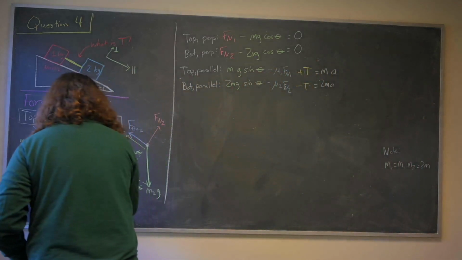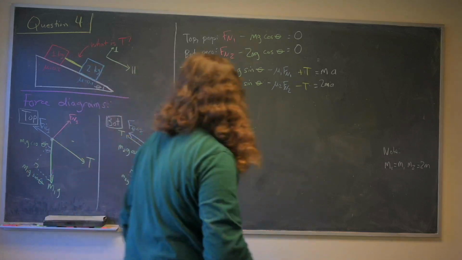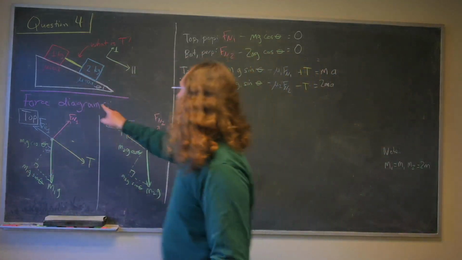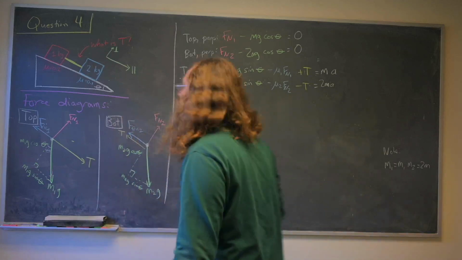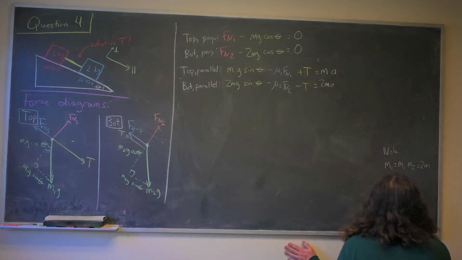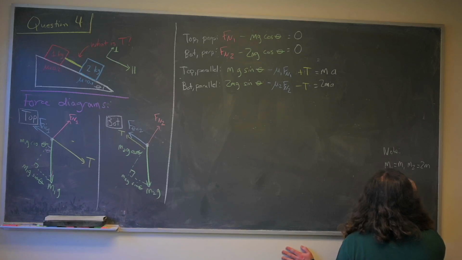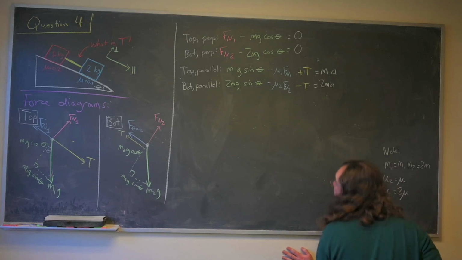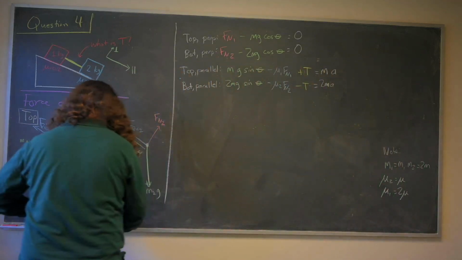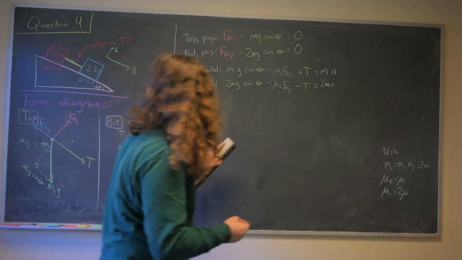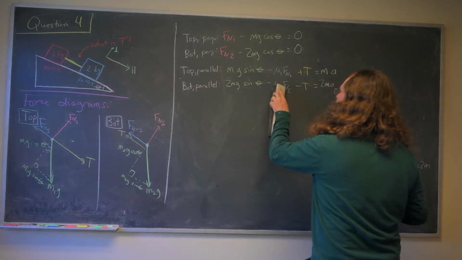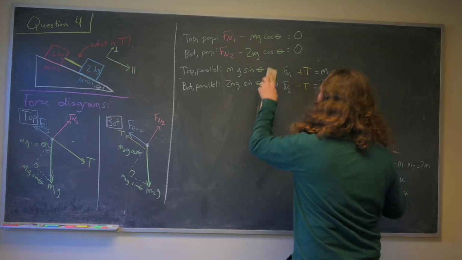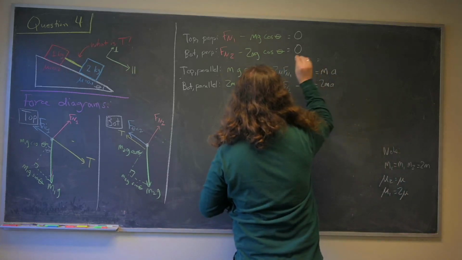Finally, I noticed there's a similarity with mu's, except this time, mu2 is the big one and mu1 is the small one. So I'm going to say mu2 is mu, mu1 is 2 mu. Let's do that again with our trusty eraser. That one's mu. This one's 2 mu.